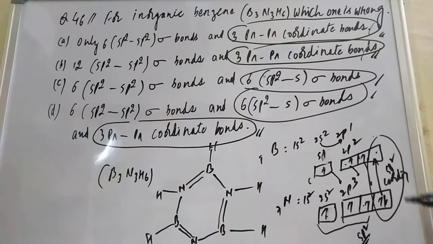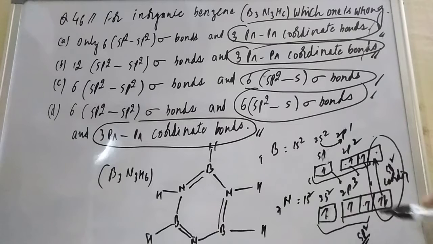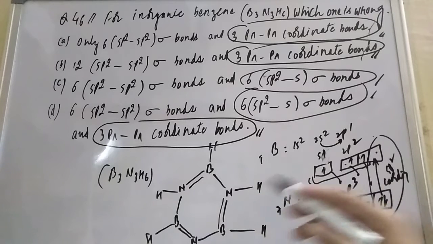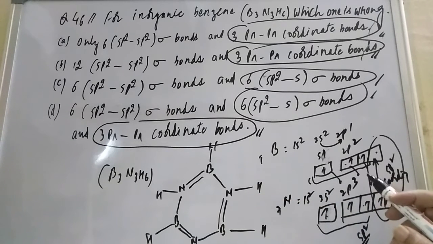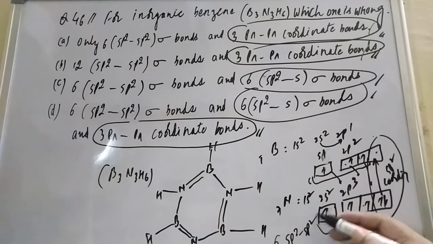So this is also sp2 hybridization, and this is also sp2. Now how many hybrid orbitals are possible? 3 nitrogen atoms give 3 sp2, and 3 boron atoms again give 3 sp2. So the total number possible is 6 sp2 sigma bonds, because each has 3 possible.